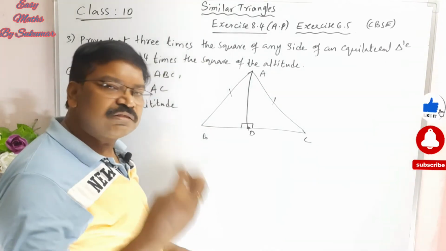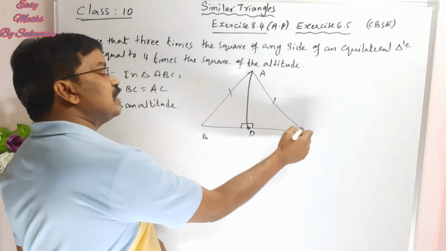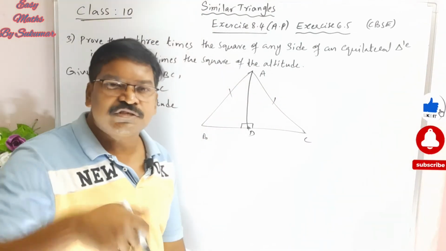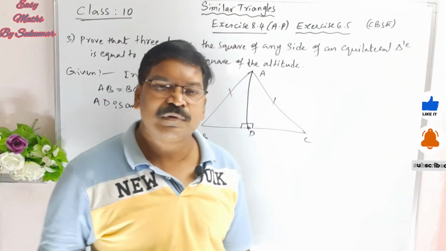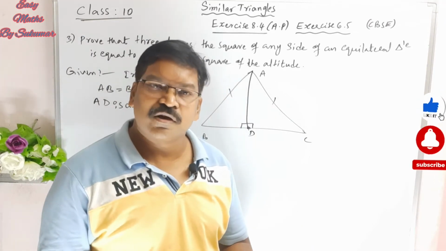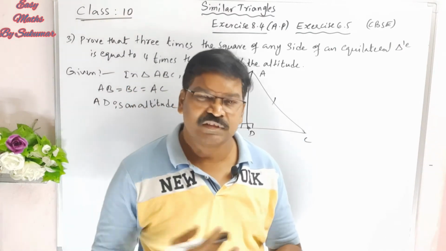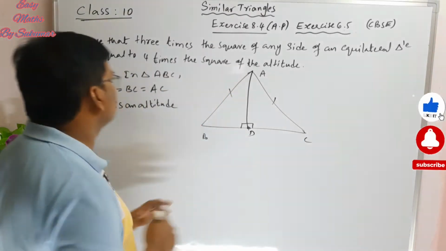Like that we can draw 3 altitudes of the triangle. This is another altitude, this is another altitude. These altitudes are concurrent. Concurrent means 2 or more lines passing through the same point are called concurrent. This point of concurrence is called the orthocenter. This is additional information.